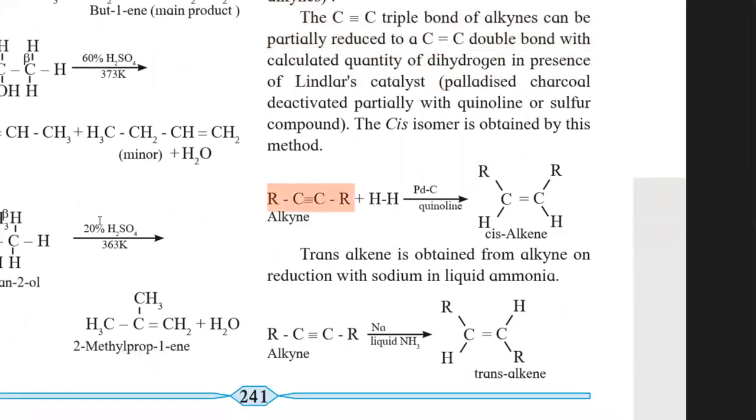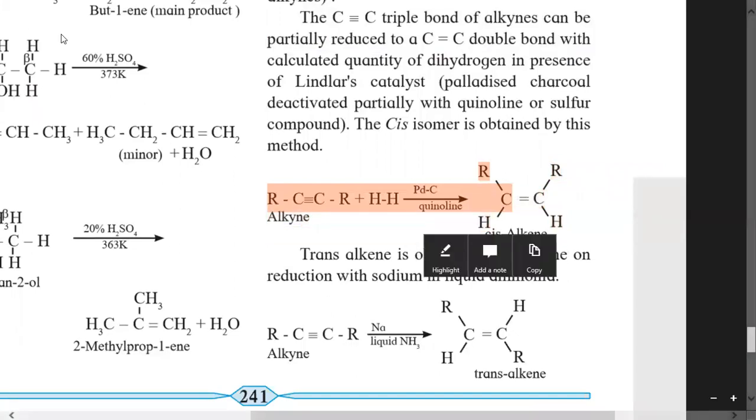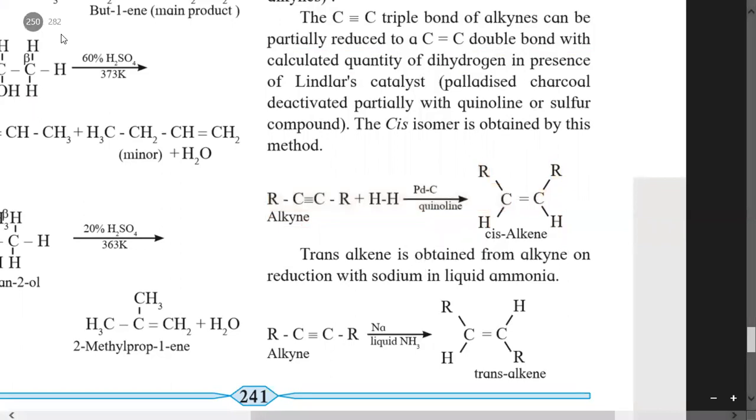RC≡CR. This is a triply bonded hydrocarbon, the general formula for alkyne. When H2 is added in the presence of palladium and carbon and in the presence of quinoline, this is Lindlar catalyst, the carbon-carbon triple bond is converted into a carbon-carbon double bond and two hydrogens get added across the carbon-carbon triple bond.